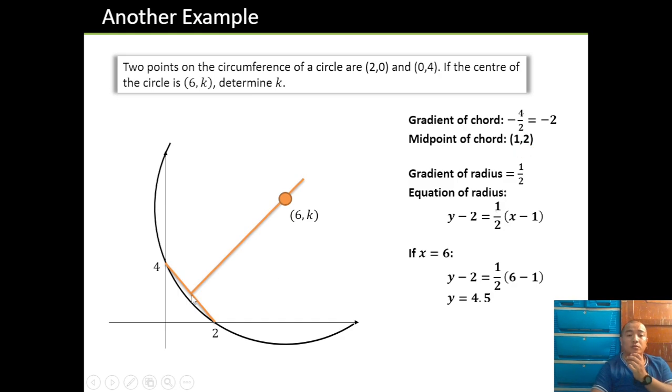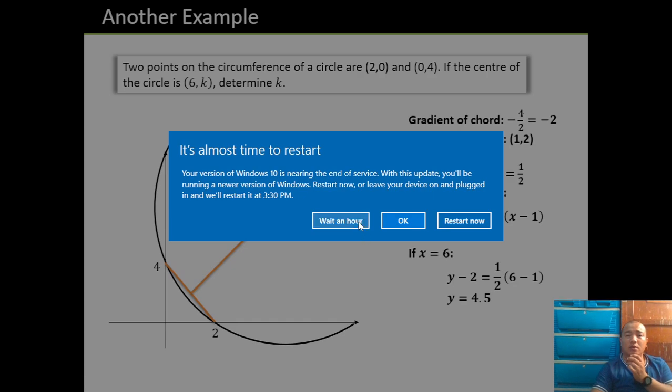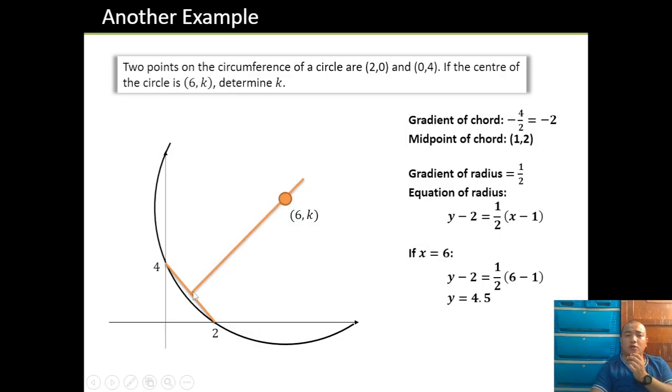What is the midpoint of the chord here? (1, 2). So this is (1, 2). What is the gradient of the radius? Wait, what is the gradient of the chord?